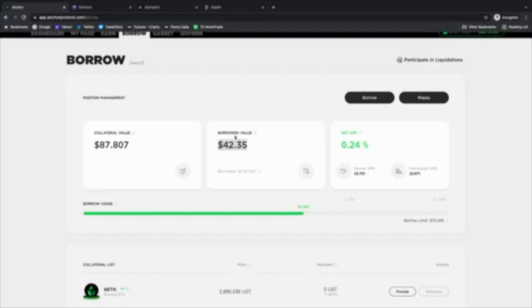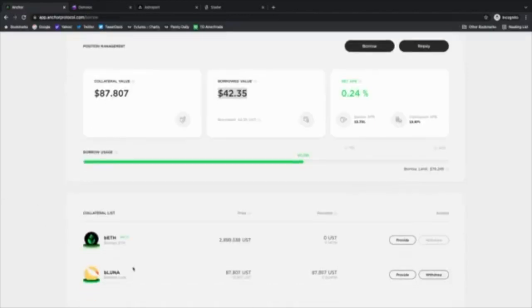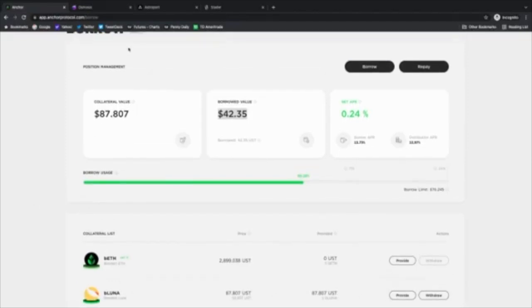If you have money in Earn, like I'm saying in this strategy, you took this 42, put it in Earn, and let that earn some interest, you can take whatever you want right back out of Earn and pay it down to a manageable risk. Or if you have bLuna somewhere, you can provide that as collateral to up your collateral value, which in turn would lower your LTV. So those are the 3 ways that someone would go about it.